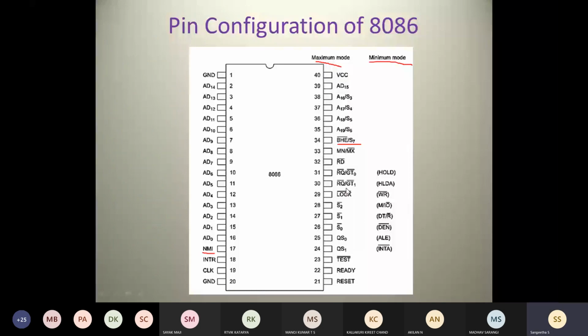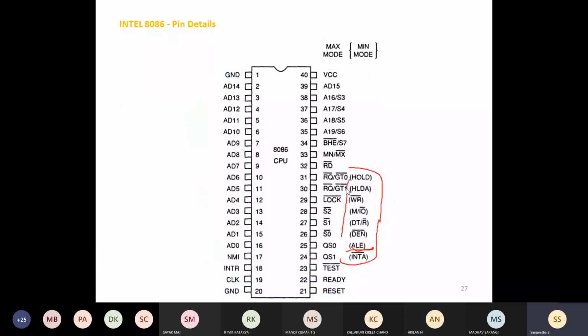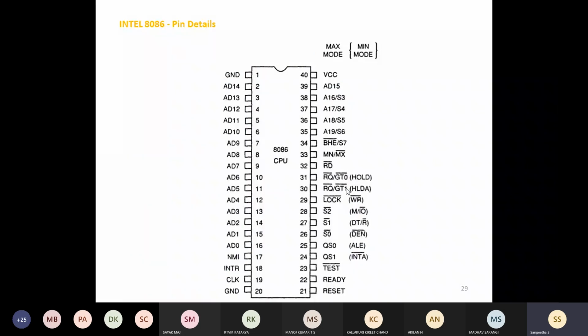Ground I already told about, then clock, VCC, reset. Address and data buses are multiplexed. You have a few interrupts and interrupt acknowledgement.